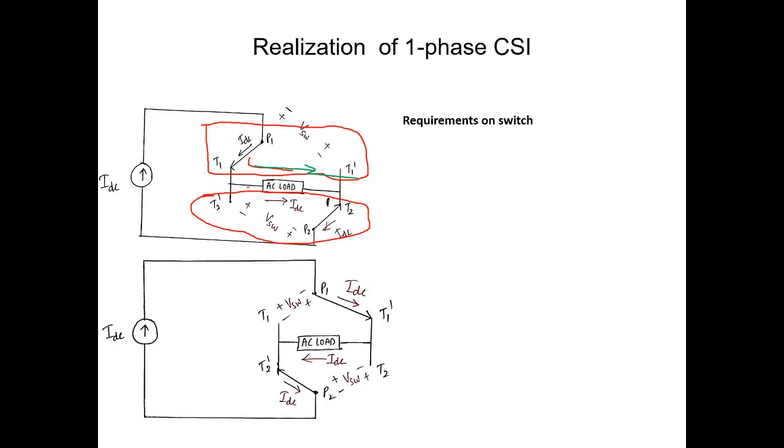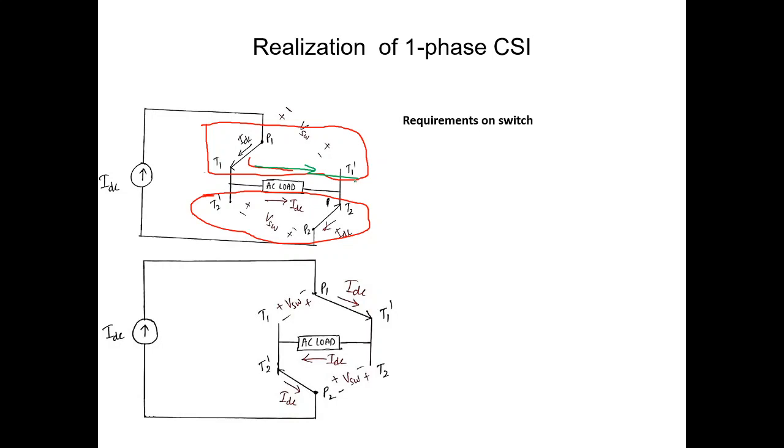And what about the voltage across the load? Load voltage can take either polarity. And what about the remaining throws? For this particular switching position, between pole 1 and T1 dash, the voltage should block either with this polarity or this polarity. So based on the load voltage, the voltage between pole 1 and throw 1 dash can take either polarity.